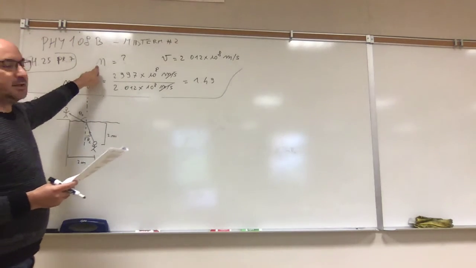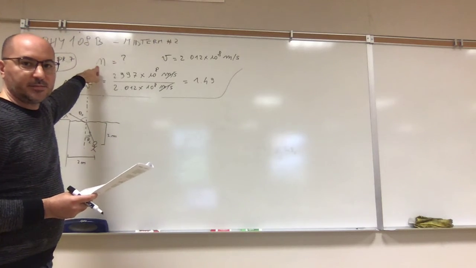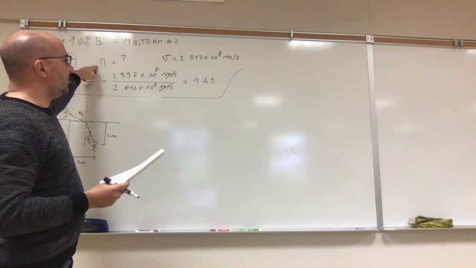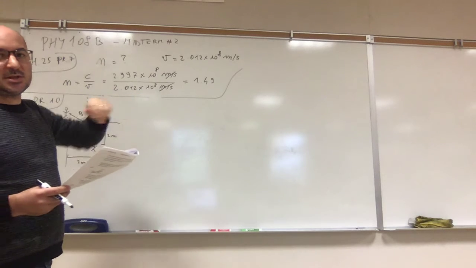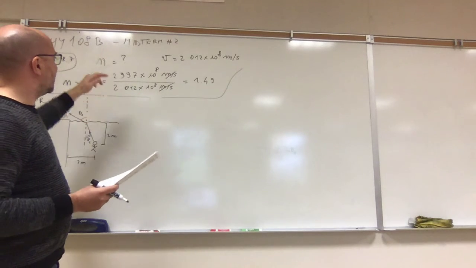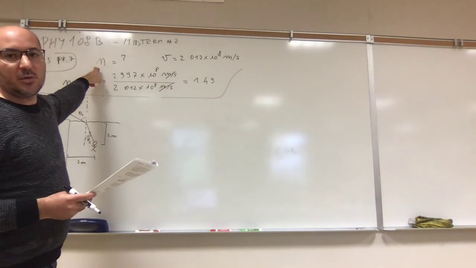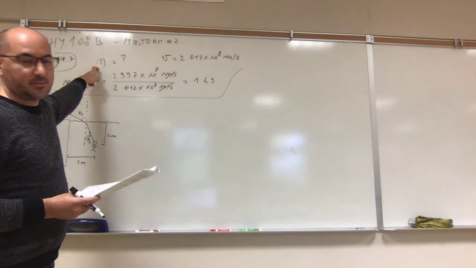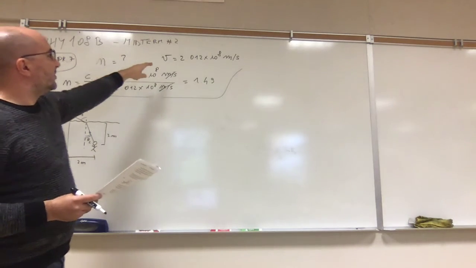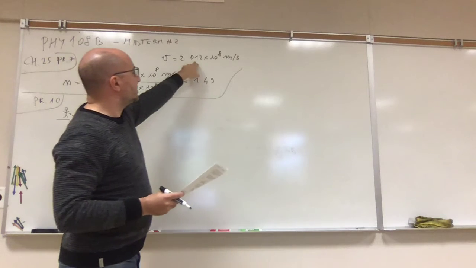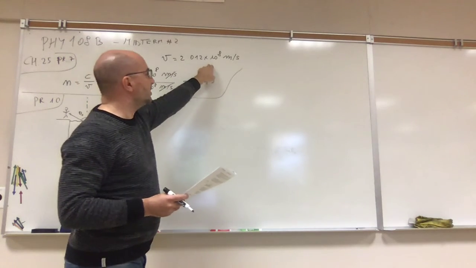What we want to find is the index of refraction of this material. The way you want to imagine this: you have a substance, and the speed of light changes when you go into the substance and slow down. So we know that the velocity in this substance is 2.012 times 10 to the 8 meters per second.